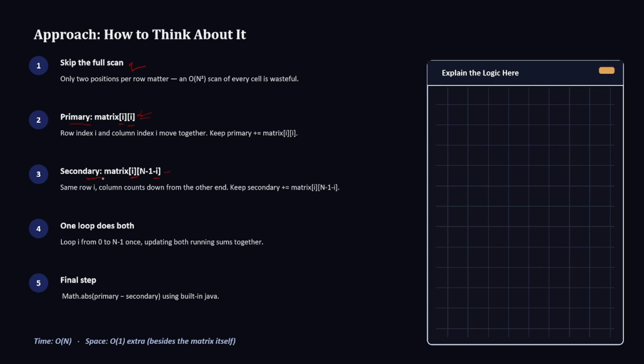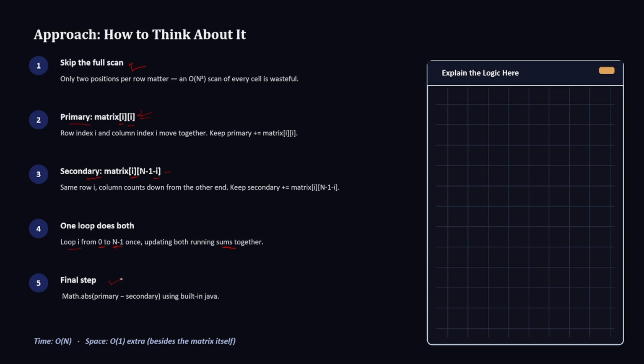The loop iterates from 0 to n minus 1 only once, updating both running sums together.